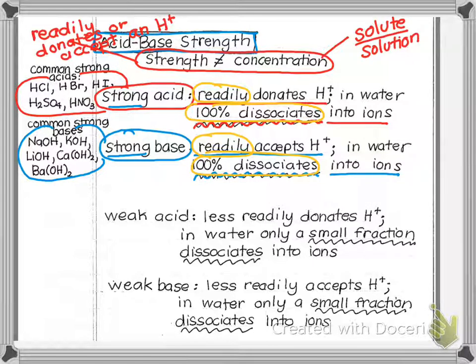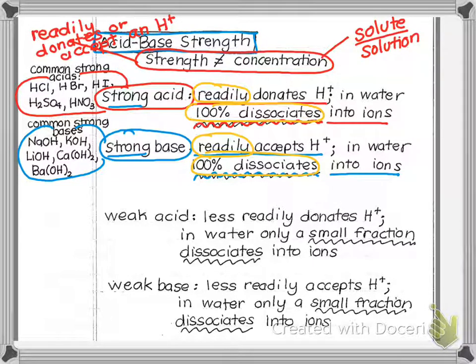So to reiterate, if you have to take more chemistry, then what's helpful is to memorize the strong acids and strong bases, since it's a limited list, and then you would know that if your acid or base is not on that list, then you have a weak acid or a weak base.